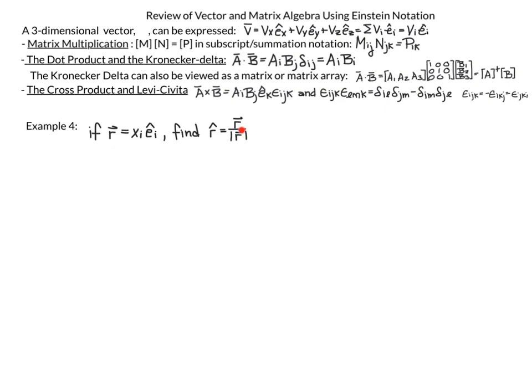For this next example, I went back to this notation where vectors are lowercase because the r is supposed to suggest radius. So if we have our radius vector equal to x sub i, e sub i, and again, this is an implied summation, we want to find the notation for our r hat, where r hat is equal to the vector over the magnitude of the vector.